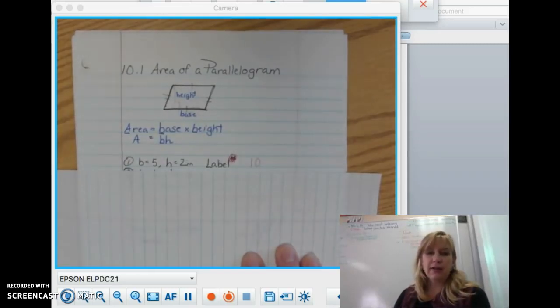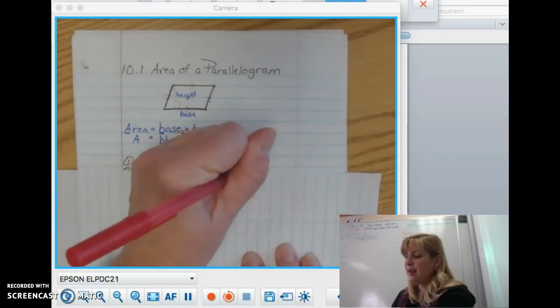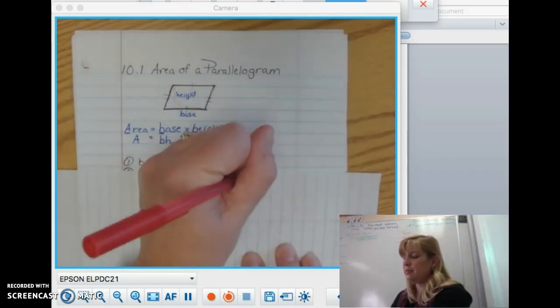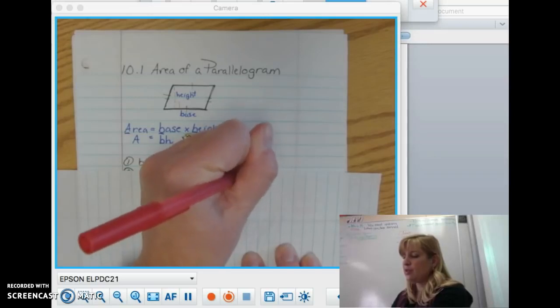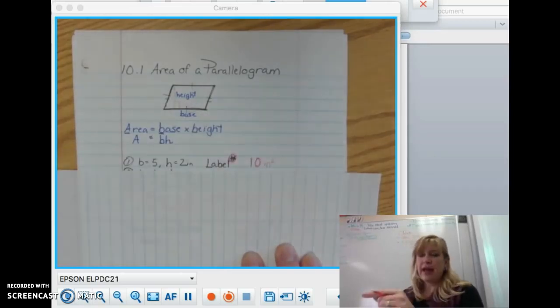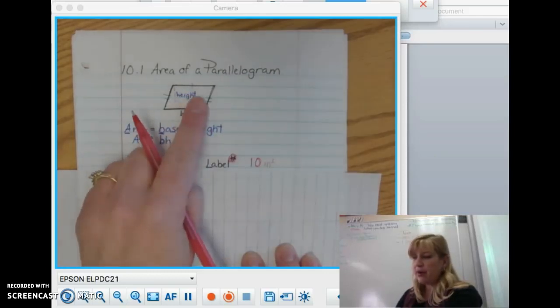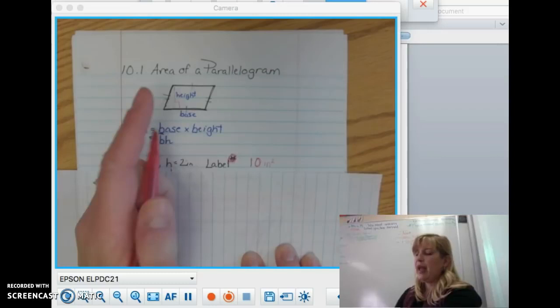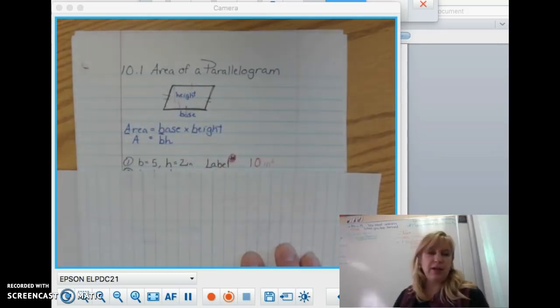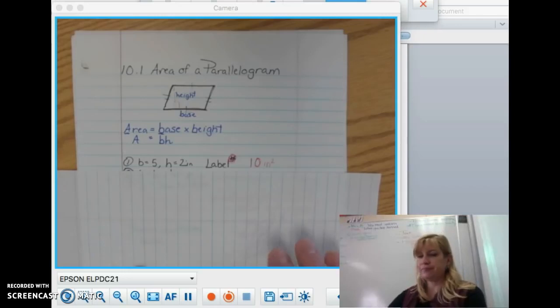That will be wrong, not just half wrong, it will be wrong because the actual answer needs to be inches squared. That is little tiny inch squares put all throughout here. It's that area covering. Area always has to be written in square units of whatever you're doing.